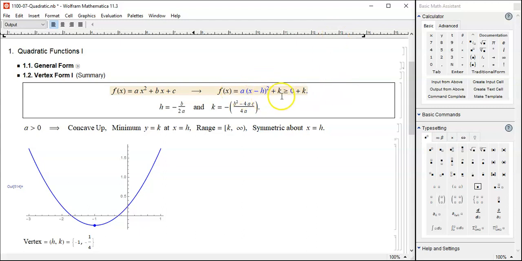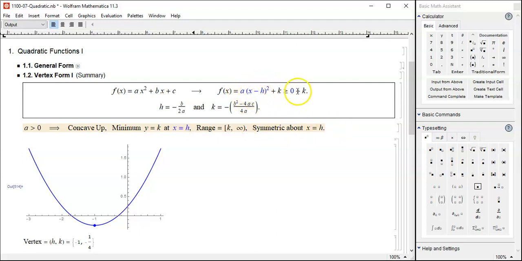The square is always positive, so greater than 0. And at worst, it is equal to 0, and that takes place when the inside is 0. When is it 0? When x minus h is 0, which means x is equal to h. That's when we have 0. Does it make sense?